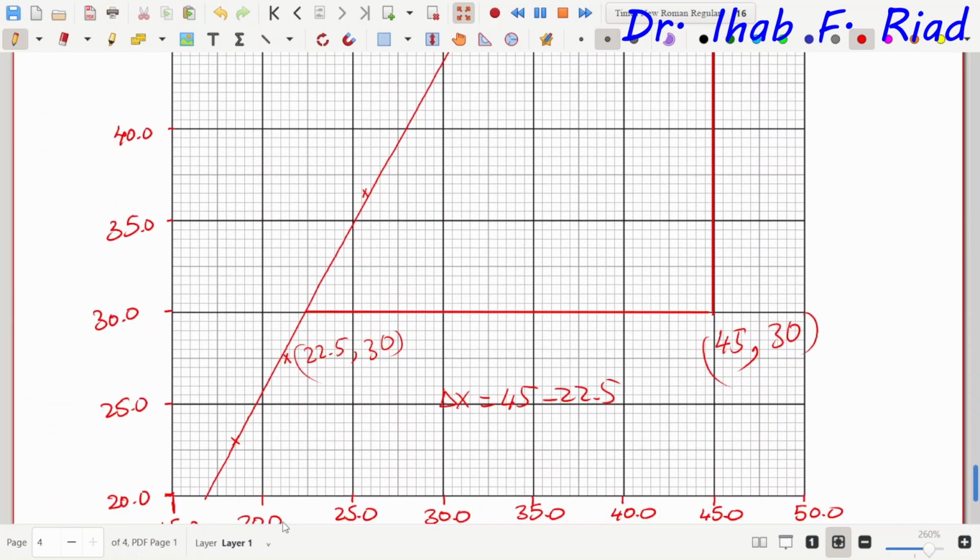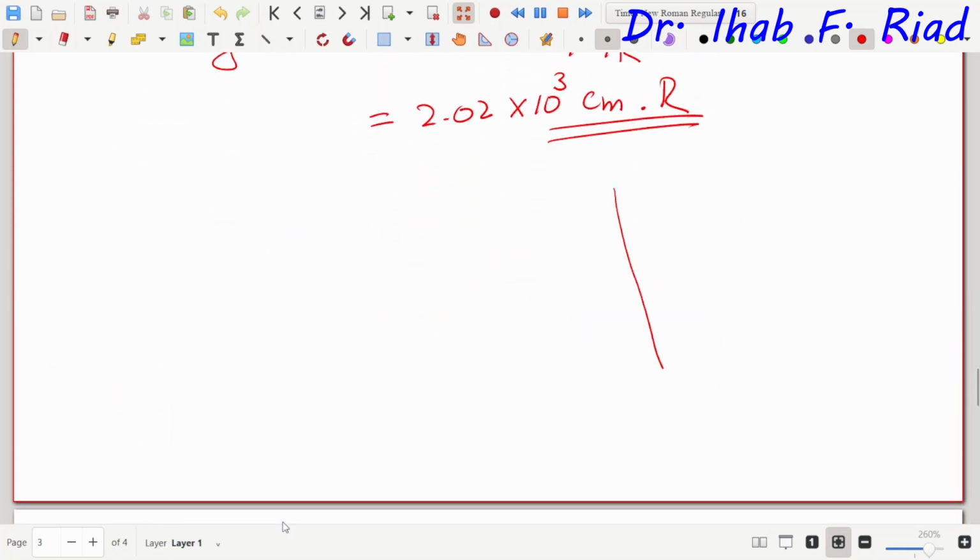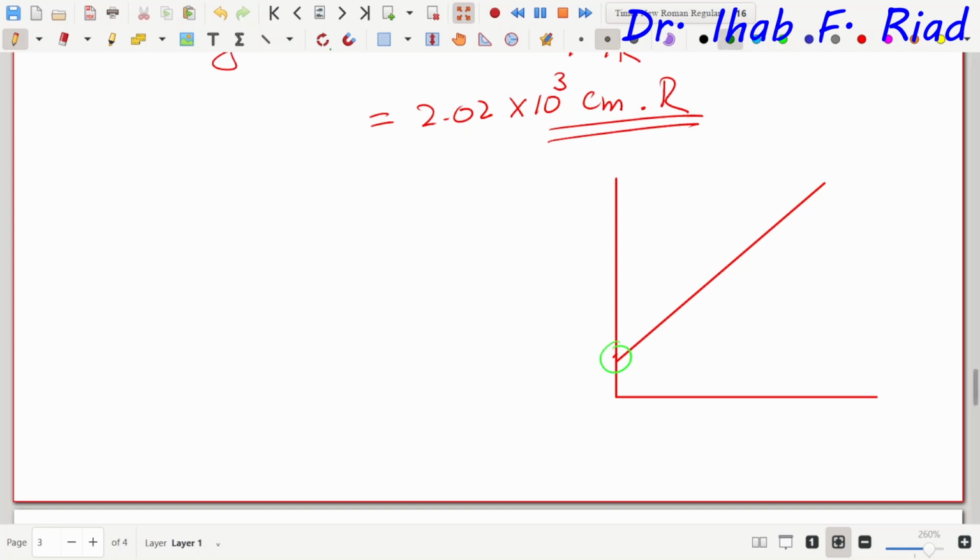So what about the intercept? As we all know, the intercept is the reading on the y-axis if and only if the x-axis starts from 0.